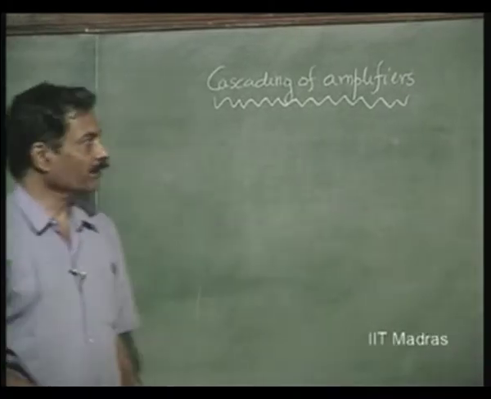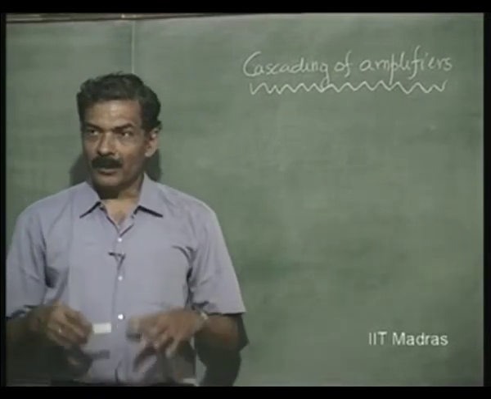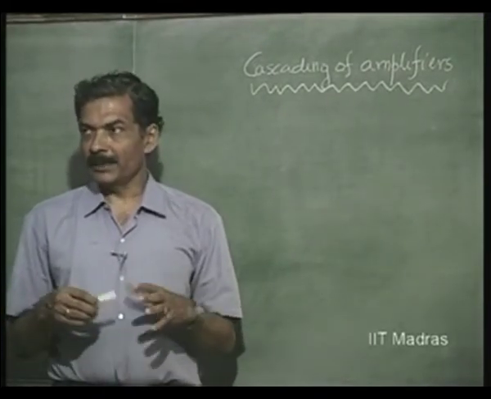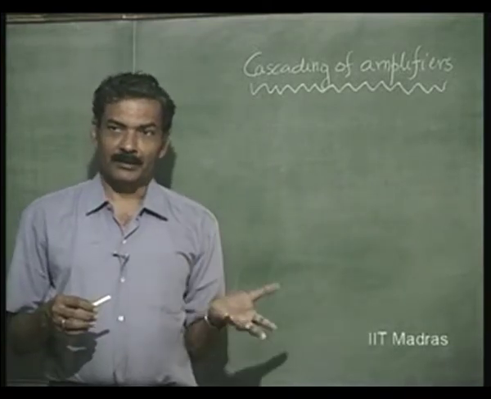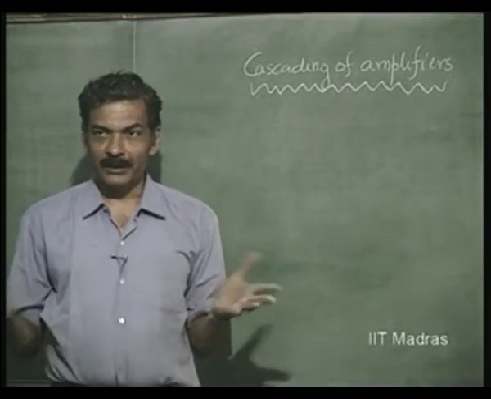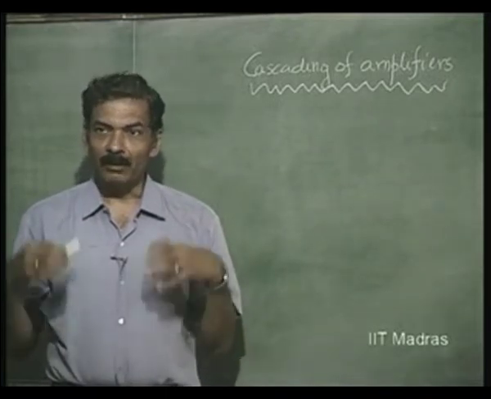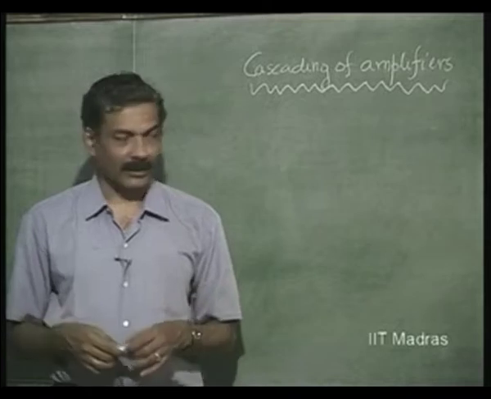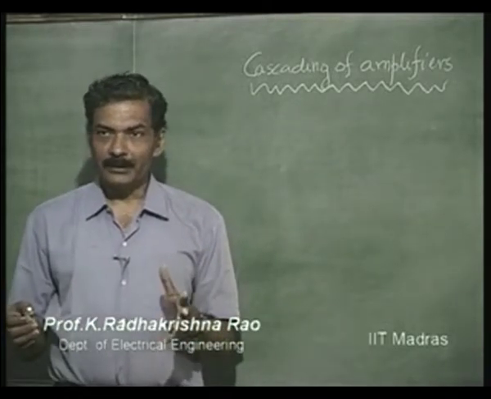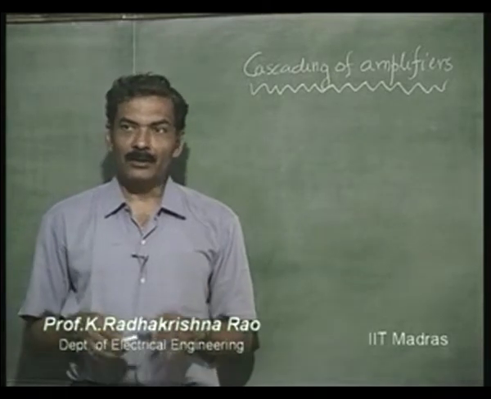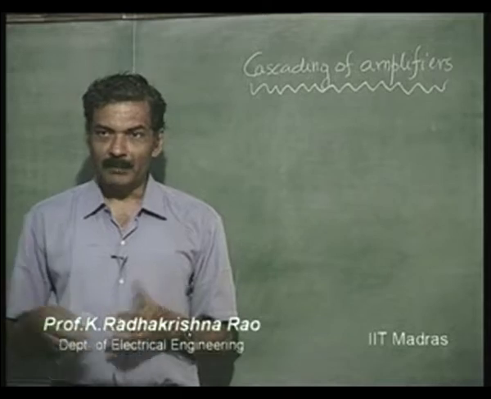So, the next topic of interest for us, now that we are aware of how to design a basic amplifier configuration, whether it is common emitter or common source, it does not really matter. We know how to design it for a swing or for a particular gain, and how to evaluate its input impedance, output impedance, etc., and also how to estimate the lower cutoff frequency and upper cutoff frequency.